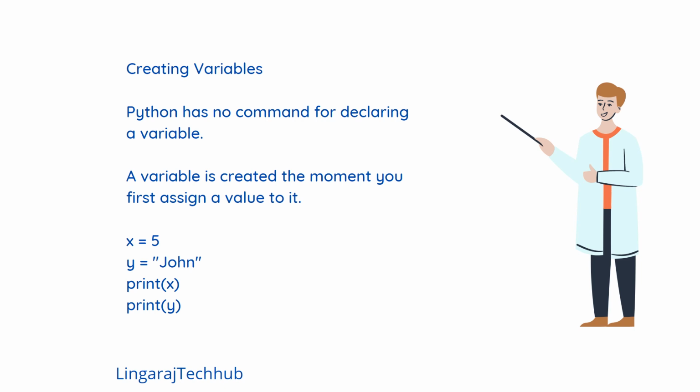When we print x and print y, it shows you that particular data. If you want to know the type, there is an inbuilt function, type. It returns the type which is assigned by the interpreter at the time of compilation. x is of type int and y is of type string, or character array.